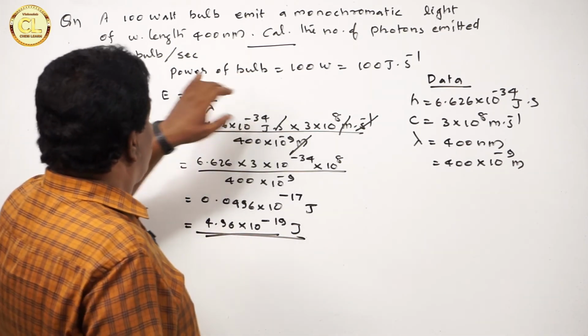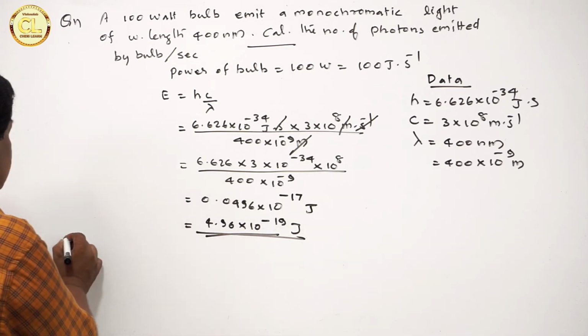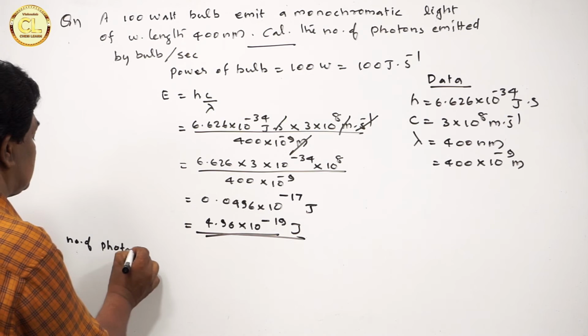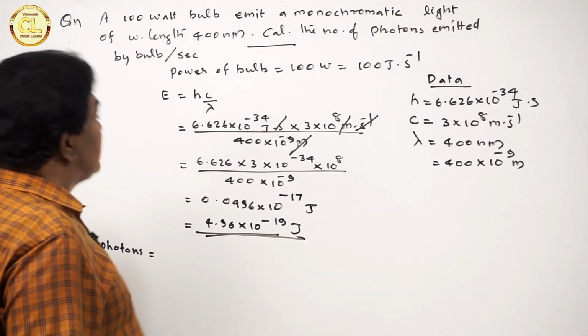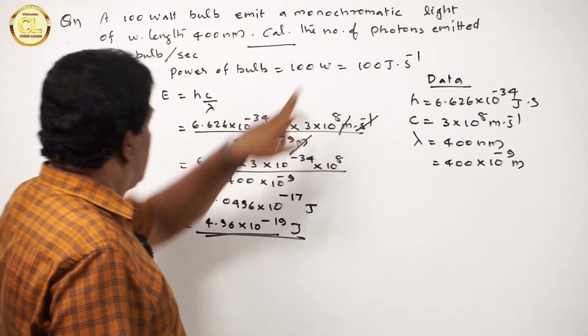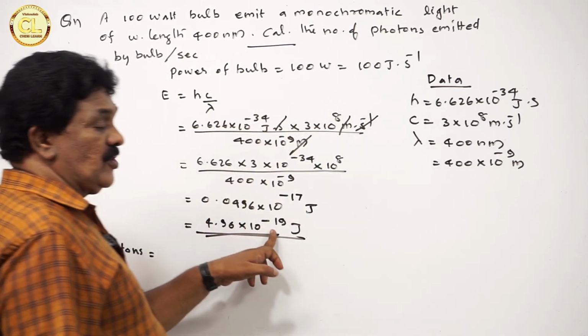Now we can calculate the number of photons emitted by dividing the power of the bulb by the energy of a photon.